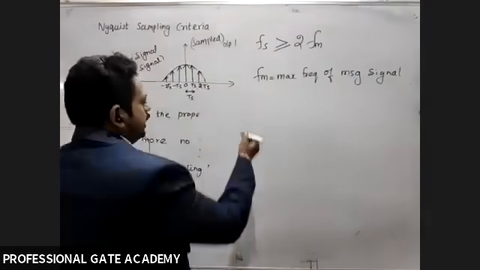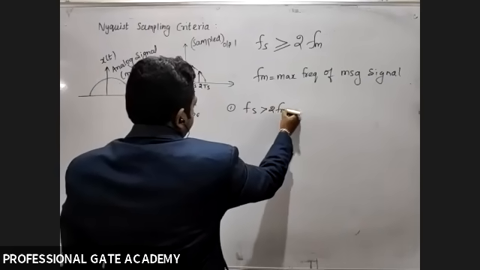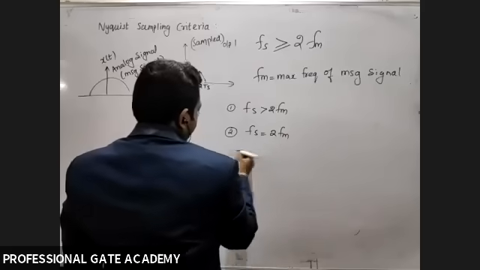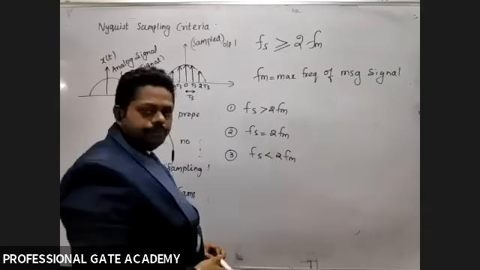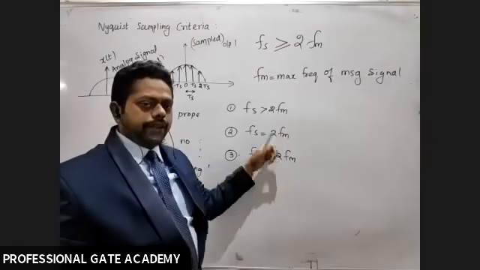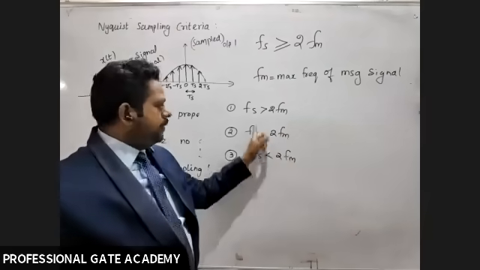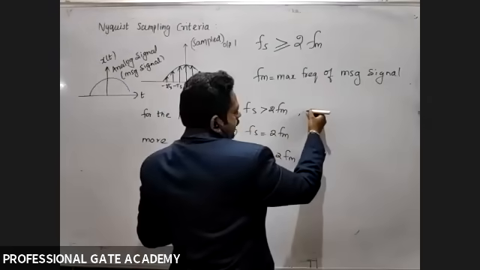So actually we have 3 types of sampling: Fs greater than 2 Fm, Fs equal to 2 Fm, and Fs less than 2 Fm. They are oversampling, critical sampling, and undersampling. If Fs is greater than 2 Fm, that is called oversampling.